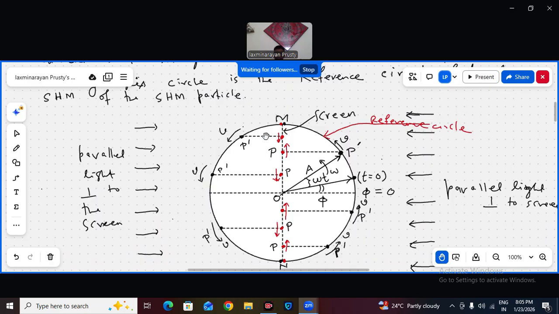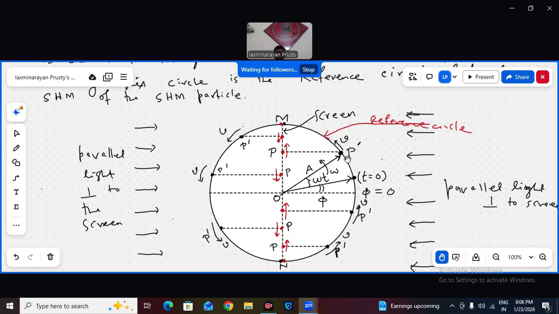अब हम दिखाते हैं भाई उसका वो रेफरेंस सर्कल. देखो ये जो है, एक पार्टिकल, particle is P dash moving in a circular path in UCM.